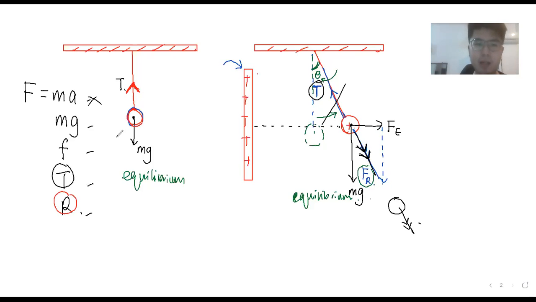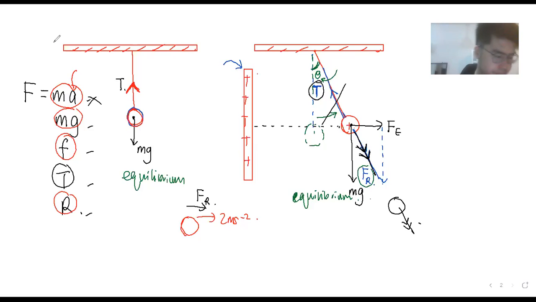In this case, there's no surface because the object is hanging. F is friction, straightforward, everybody knows. mg is weight, and ma is only labelled when there's acceleration. So when a ball is accelerating in this direction at 2 meters per second squared, you label F in this direction. This is the resultant force.